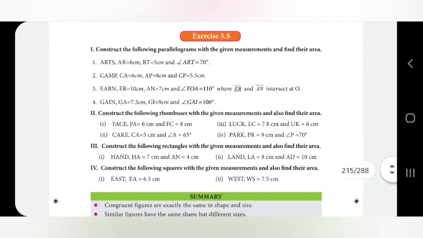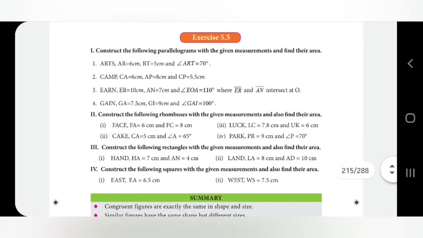In exercise 5.5 we have construction of parallelogram, then rhombus, rectangle, then square. You can do this on your own on Saturday and Sunday. If you have doubts you can ask me. So thank you students.